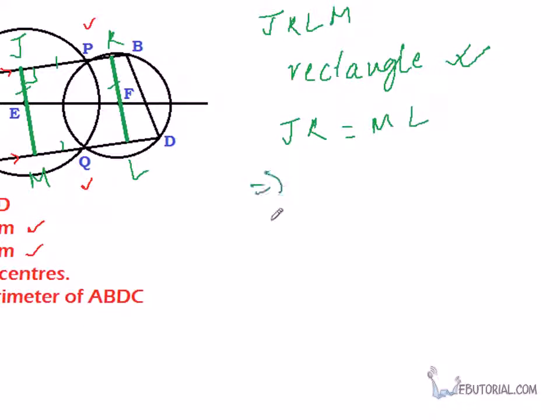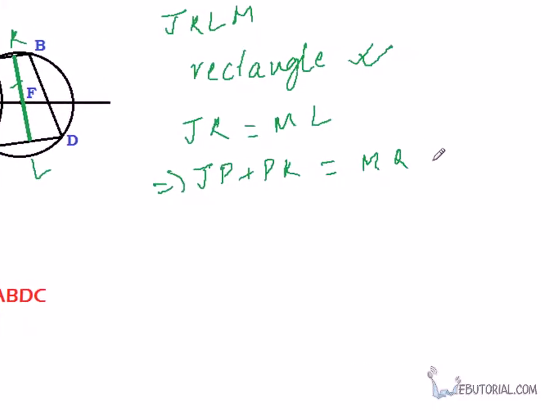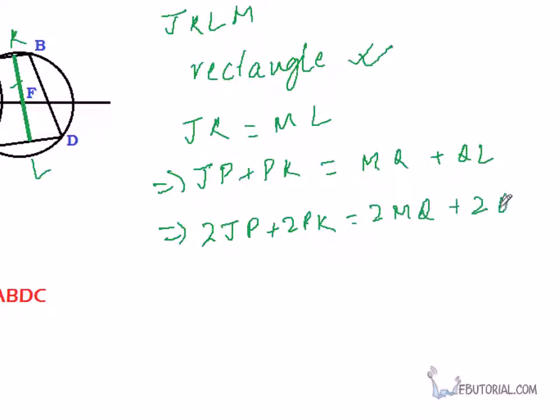Now JK can be written as JP plus PK, ML can be written as MQ plus QL. That implies 2JP plus 2PK equals 2MQ plus 2QL.